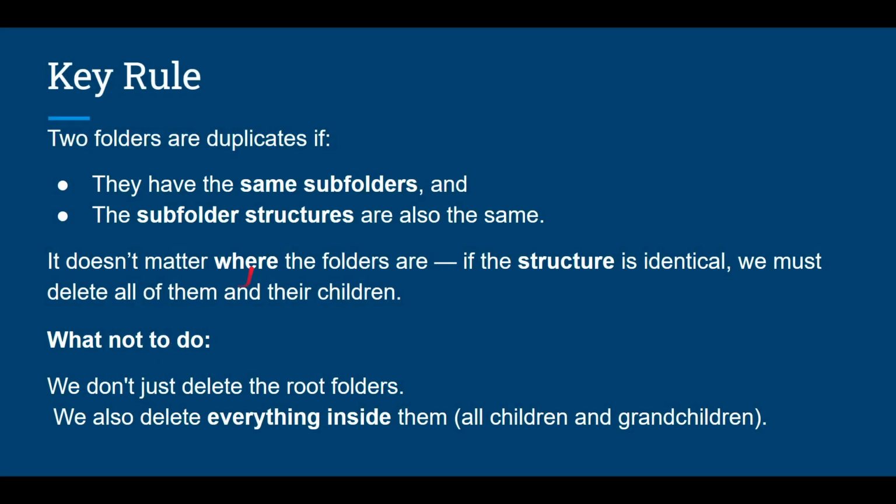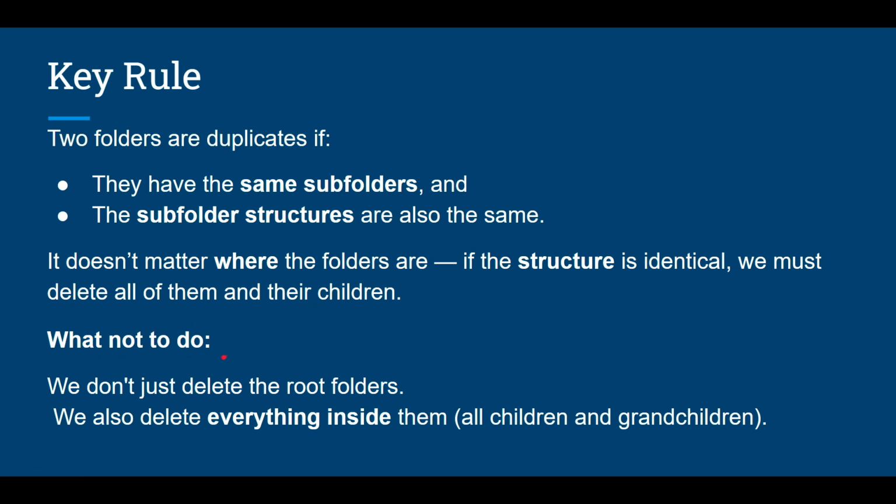So what is the rule we found here? Two folders are duplicates if and only if they have the same subfolders, and the subfolder structure is also the same, right? It doesn't matter where the folders are: if the structure is identical, we must delete all of them and their children.